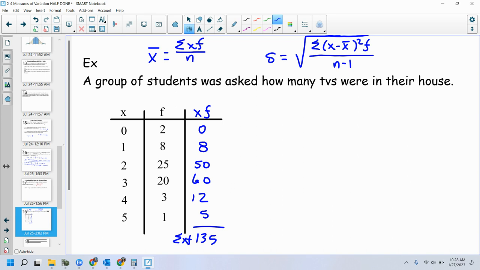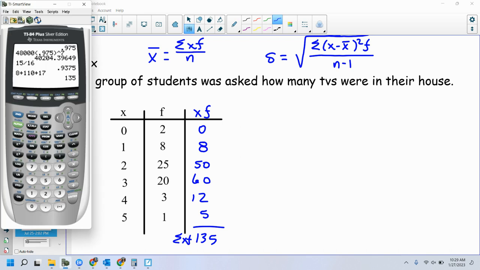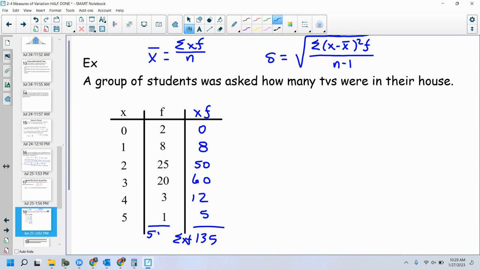So if 2 people said 0, 8 people said 1, 25 people said 2, 20 people said 3, 3 people said 4, 1 person said 5, how many people did I survey? That's the sum of the frequencies. Does that make sense? Yes. Okay, so this is 10 plus 45, so 55 plus 4, 59. So the sum there is 59.